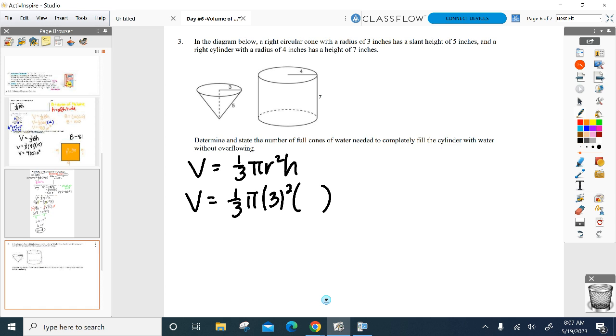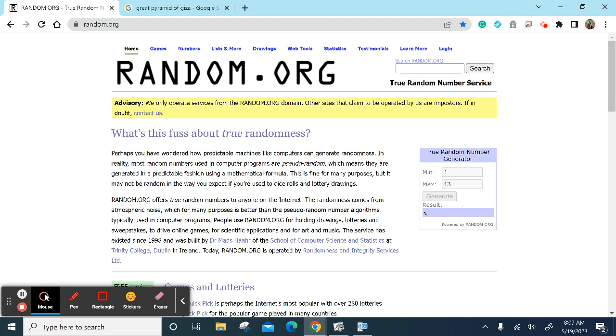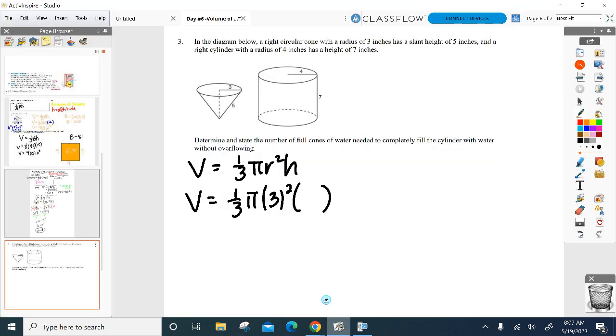What are you guys finding for the height of that cone? 5, height of the cone? 4, good. Doing Pythag.